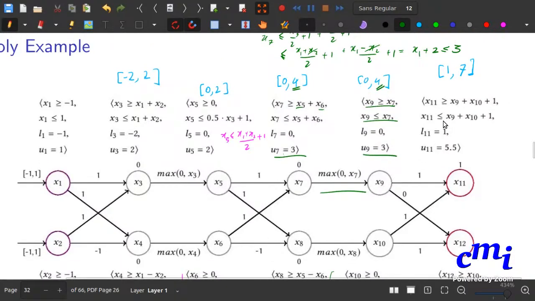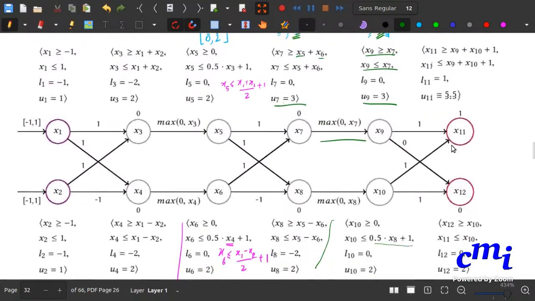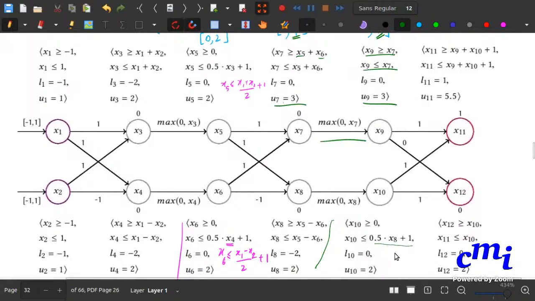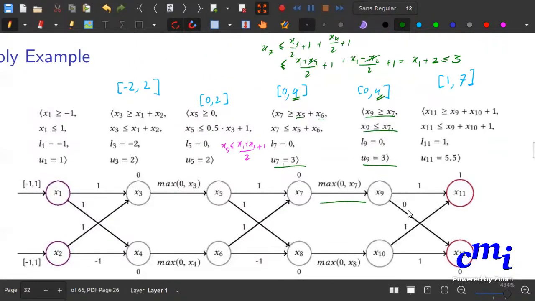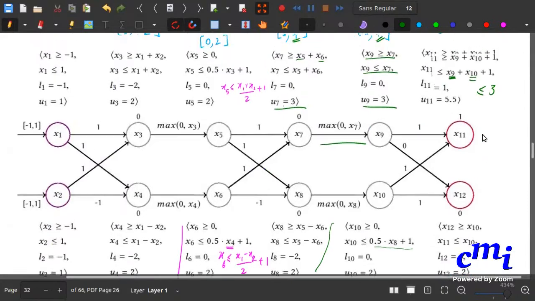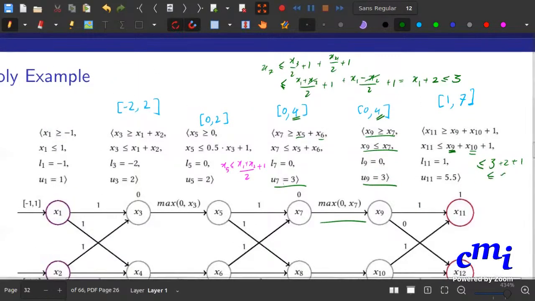Now if we directly substitute the upper bounds u9 and u10, we get that x9 is less than or equal to 3, x10 is less than or equal to 2, and then we have plus 1. That directly gives us that this is less than or equal to 6, right?